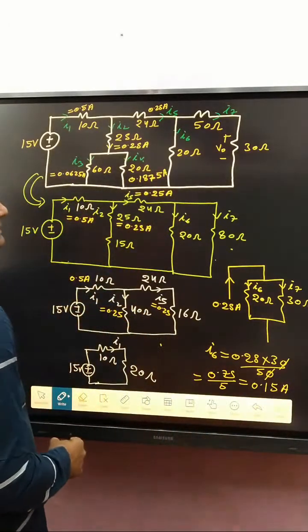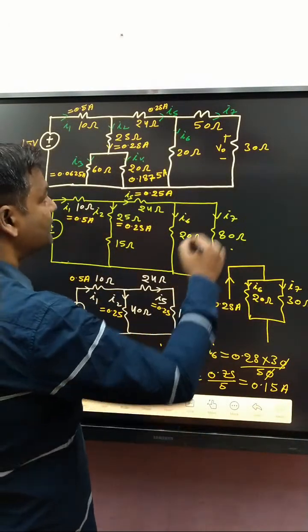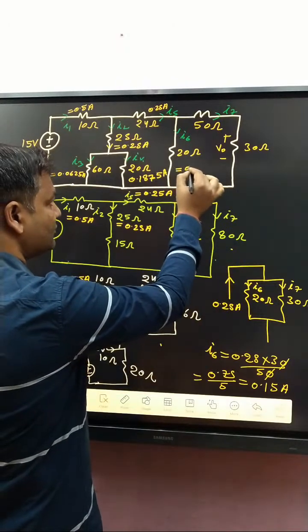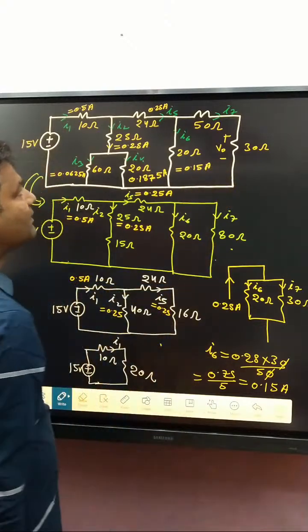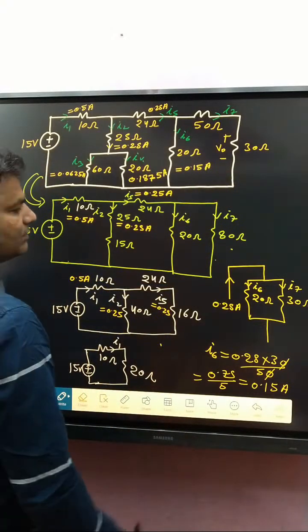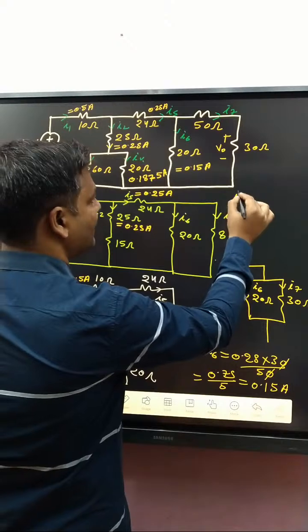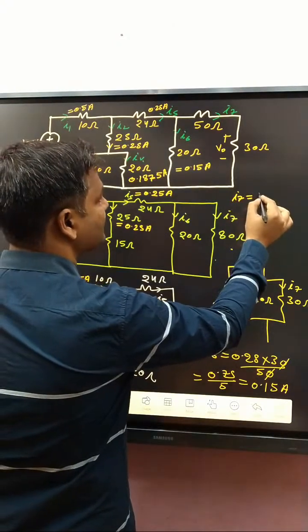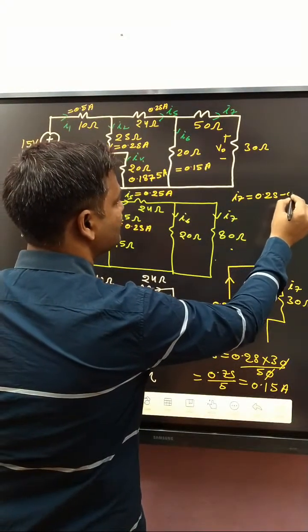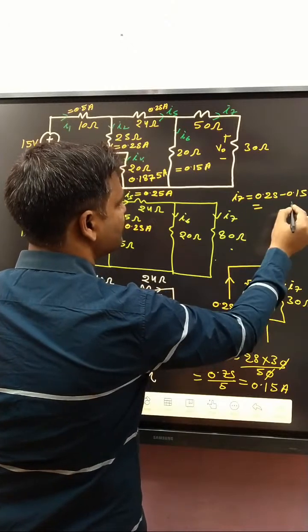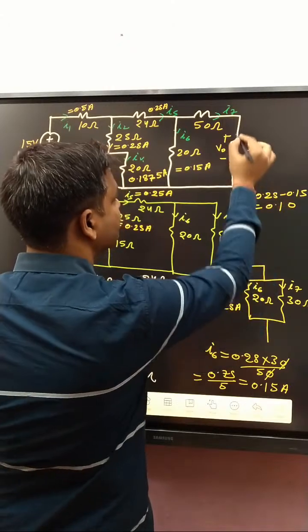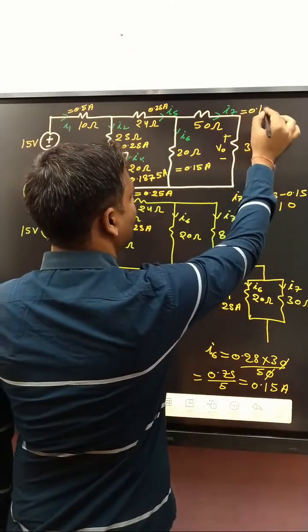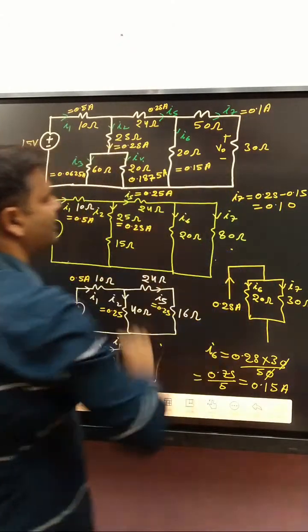Okay, so I6 is 0.15 ampere. Now after that, what about I7? I7 is 0.25 minus 0.15, that is 0.1. So here 0.1 ampere.